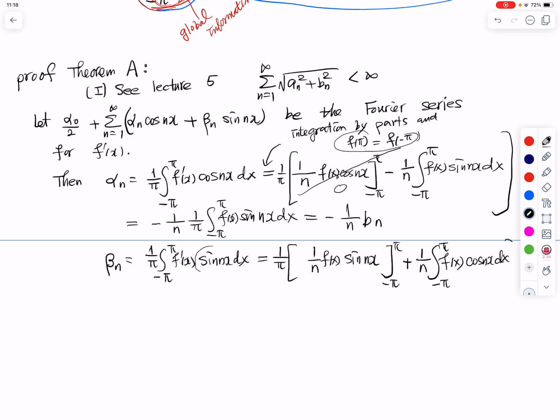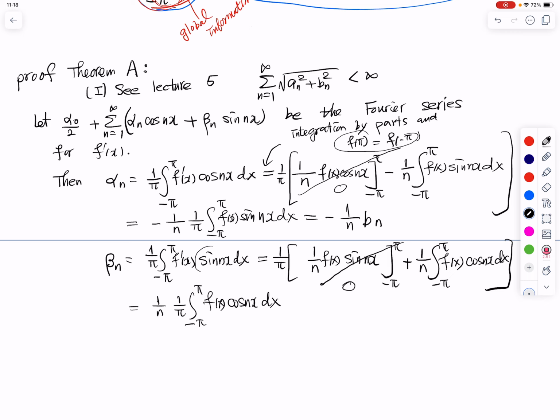Okay, I got big parentheses here, and then you plug in pi and minus pi, this becomes 0 again. So finally we have 1 over n, 1 over pi integral from minus pi to pi f(x) cosine nx dx.